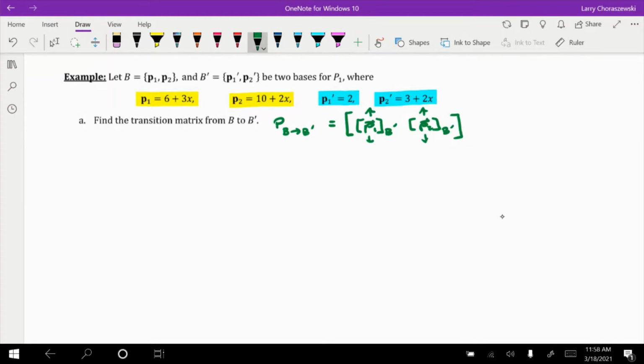Let's start with P1 relative to B prime. I'll make a little workspace for that. To figure out the coordinates of P1 relative to B prime, we have to figure out what linear combination of the polynomial vectors P1 prime and P2 prime would give us our polynomial vector P1.